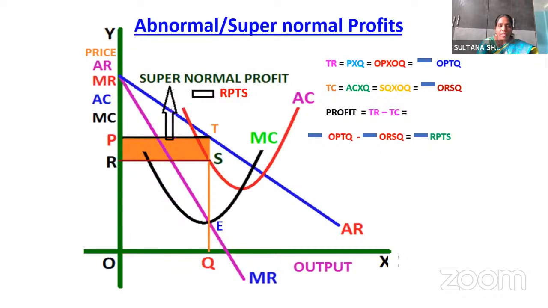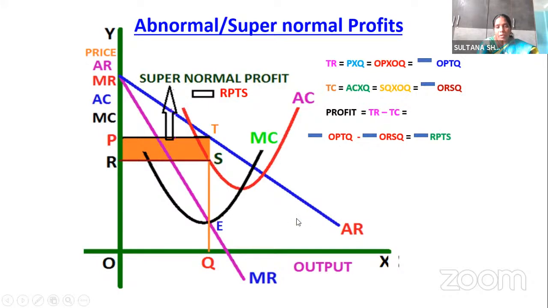Now here you can observe abnormal or supernormal profits. How can we observe whether the firm is getting supernormal profits? Here you can observe average revenue. I told you that under the monopoly market, the average revenue and marginal revenue curves have negative slopes, sloping downward from left to right.